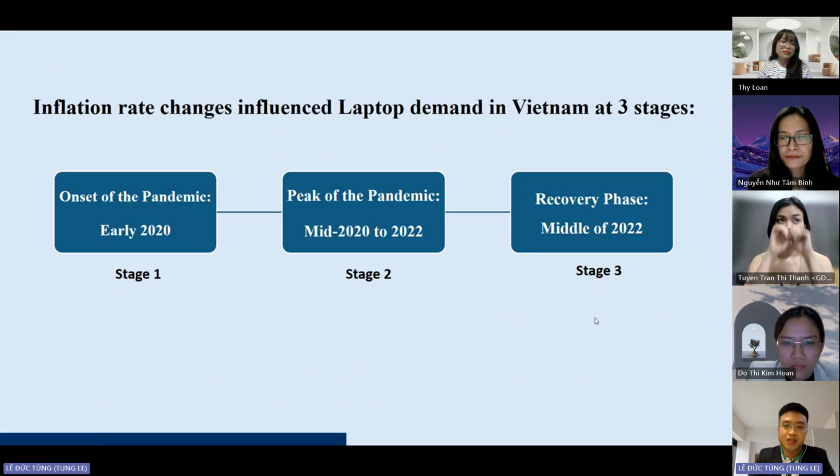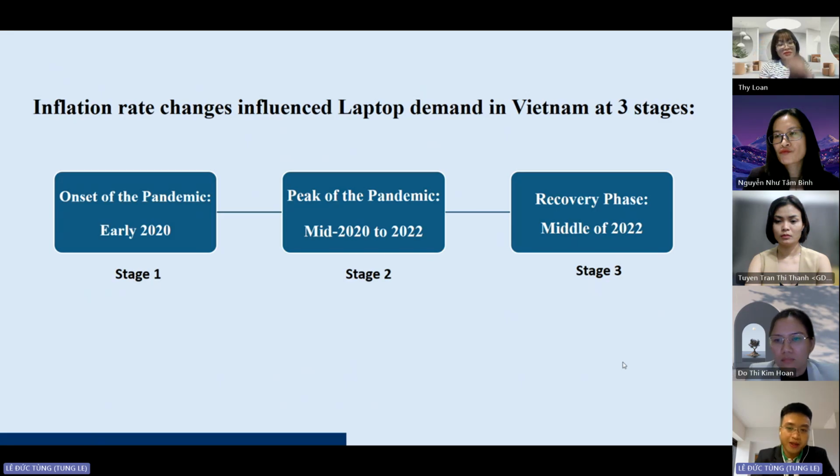The depreciation of the Vietnam dong and the rising import costs also fueled inflation. With consumer demand still robust, particularly from students and remote workers, the price elasticity of demand was relatively low, meaning that price increases did not significantly reduce demand, as laptops became essential goods.